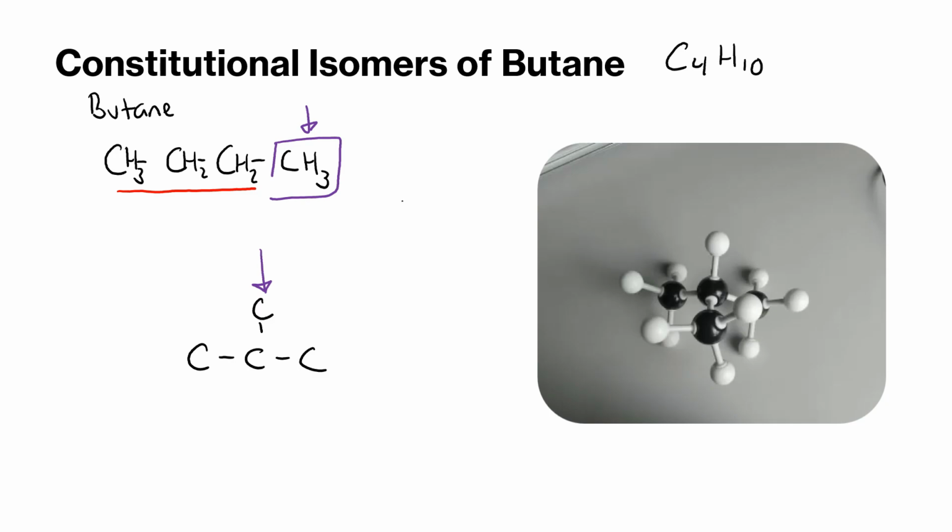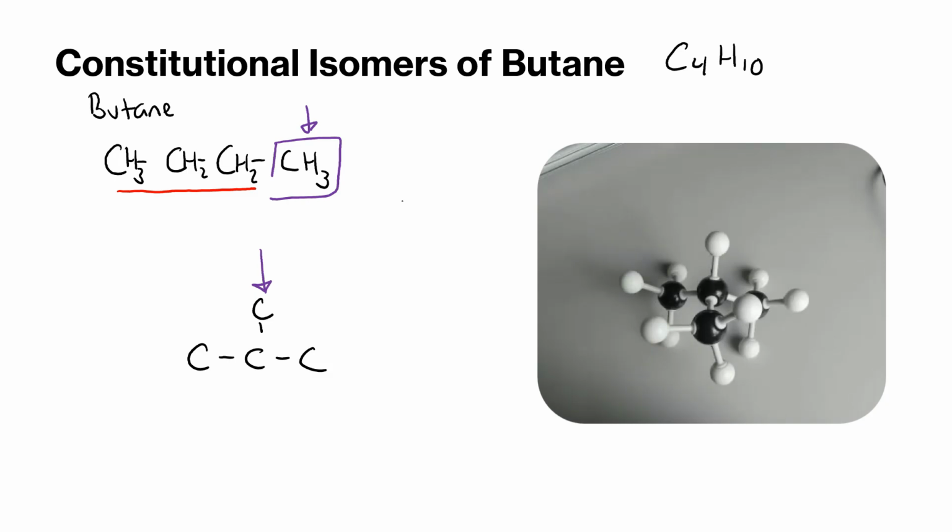In our drawing, I find it easier to put the carbons in the structure first, and then we'll go back and add the hydrogens. Because they are isomers, we cannot lose any carbons or hydrogens because we need to maintain the same molecular formula.